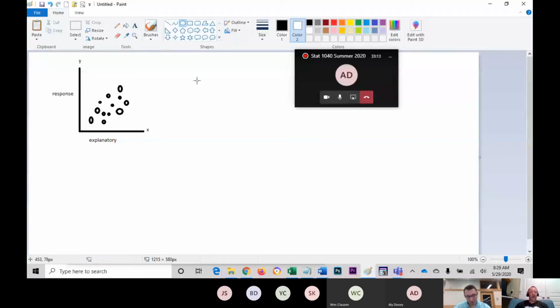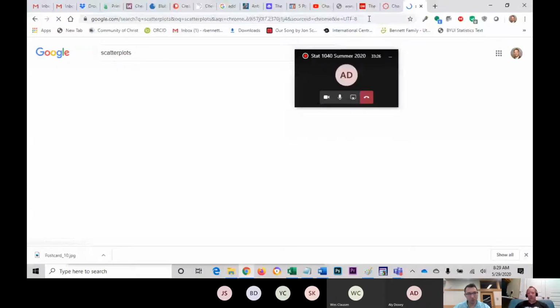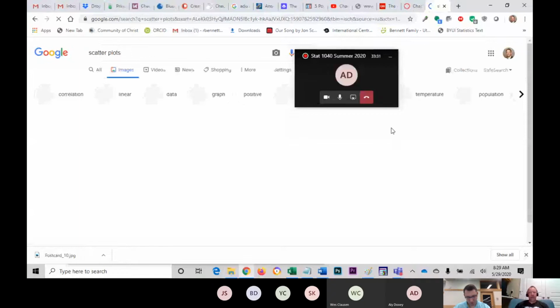So the idea here is, maybe it'll be easier to find some stuff online here. Scatter plot. Okay, so oh, these are good. Wikipedia, you gotta love Wikipedia.